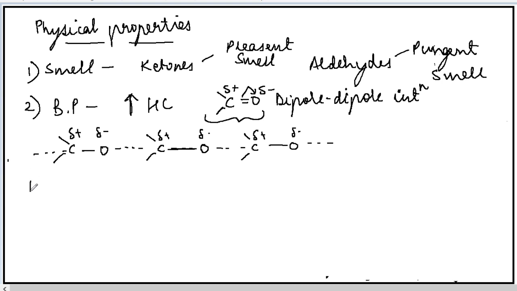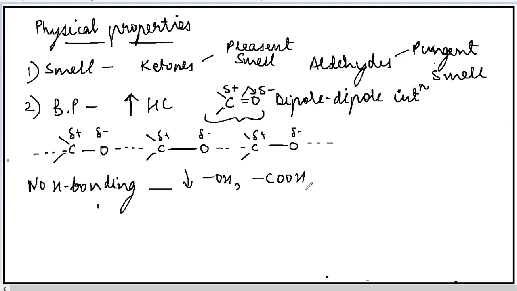But there is no hydrogen bonding. There is no strong hydrogen bonding shown by these carbonyl groups like that of the alcohols and carboxylic acids. As a result, the boiling point of aldehyde and ketone is less than that of the alcohols and carboxylic acids. COOH means carboxylic acid and OH means alcoholic group. So the hydrogen bonding is not there like in case of alcohol and carboxylic acid.